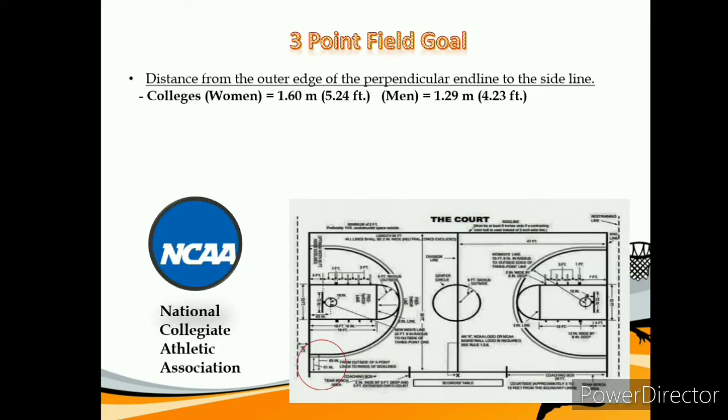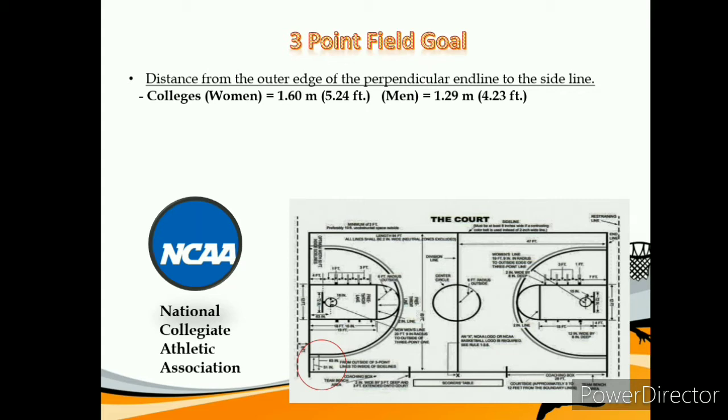There are also other sizes of three-point field goal area, specifically in NCAA or National Collegiate Athletic Association, which can be found in America. This is an organization which regulates student athletes in colleges who play basketball.